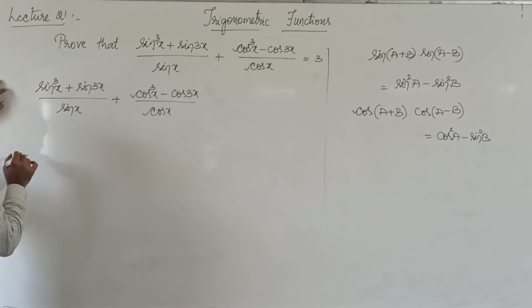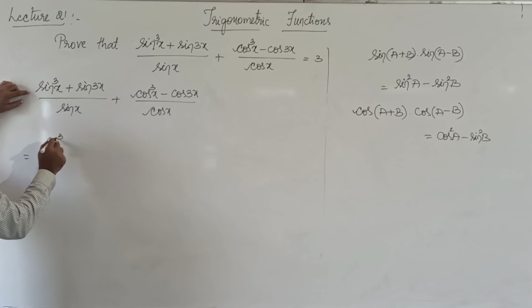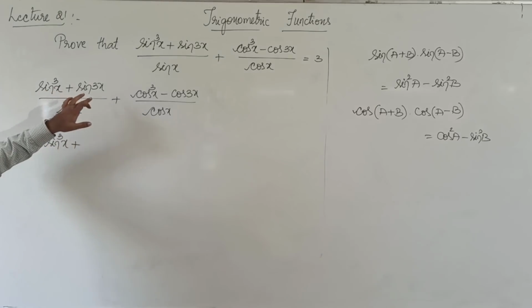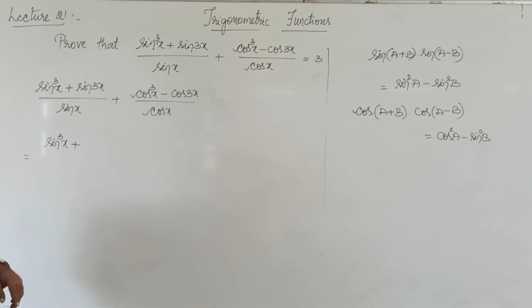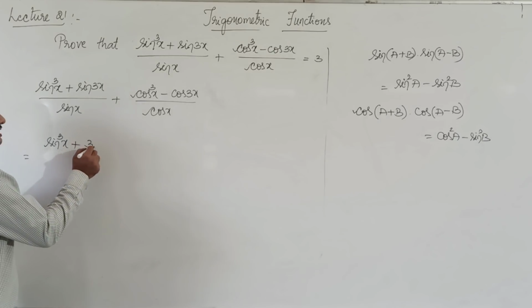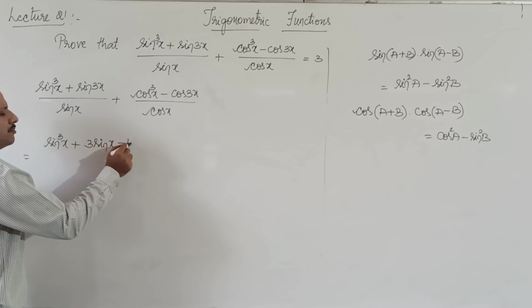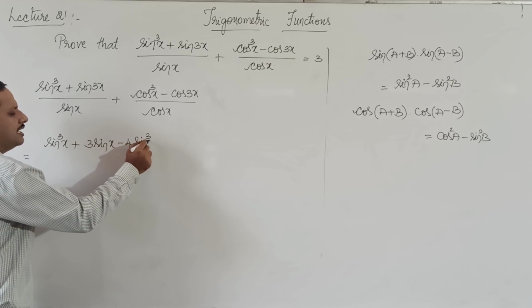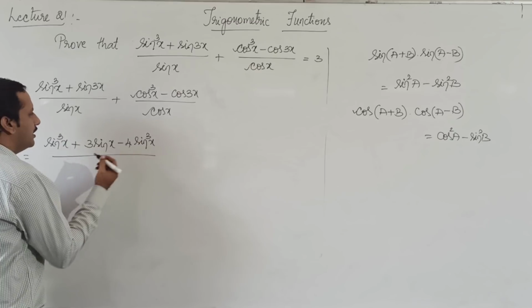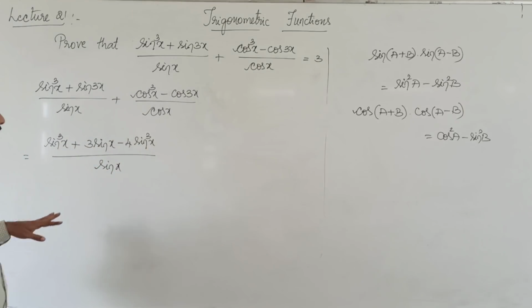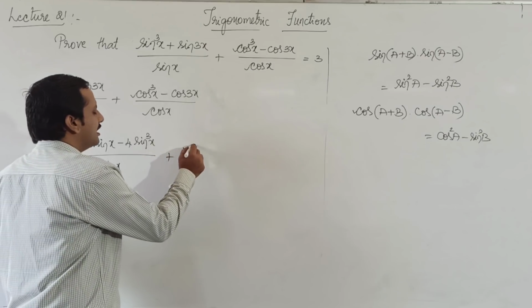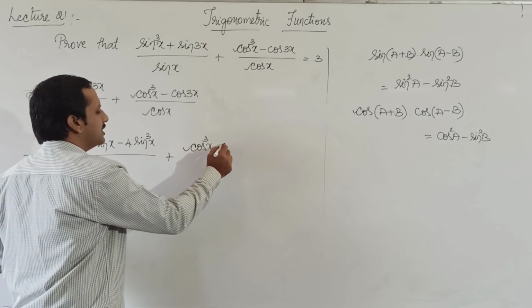That's equal to, here sin cube x will retain as it is. Sin 3x we will use the formula: sin 3a is equal to 3 sin a minus 4 sin cube a. So sin 3x is 3 sin x minus 4 sin cube x divided by sin x. Plus here cos cube x will retain as it is.